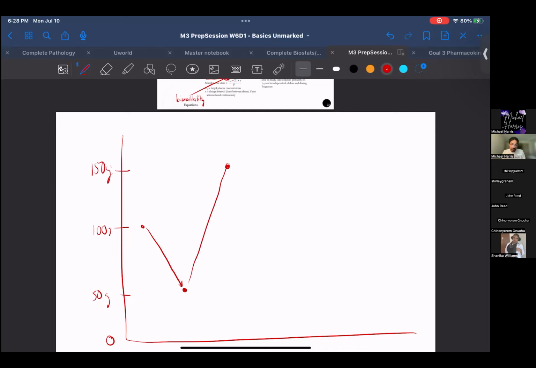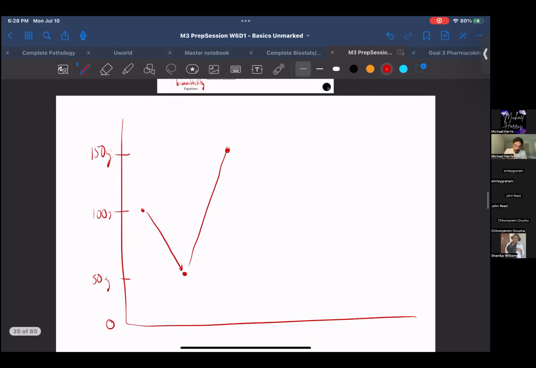Does that make sense? Now, your half-life then happens and it drops to 75. Does that make sense?